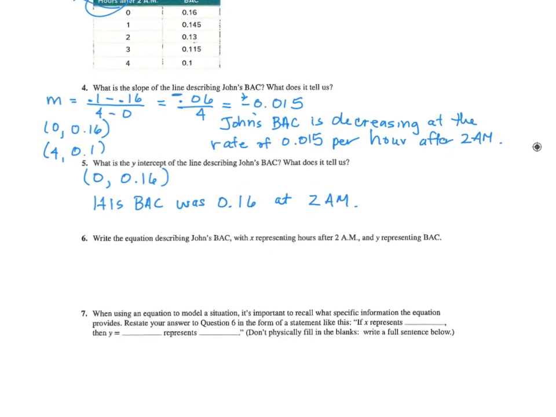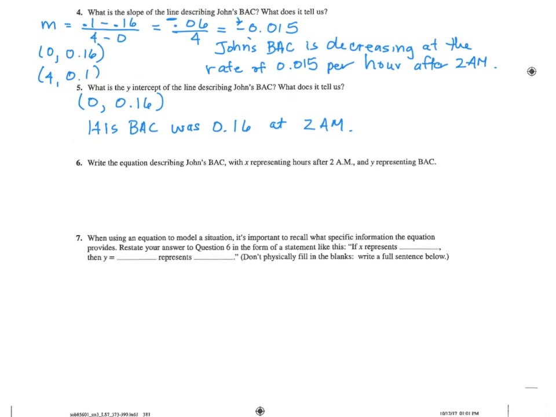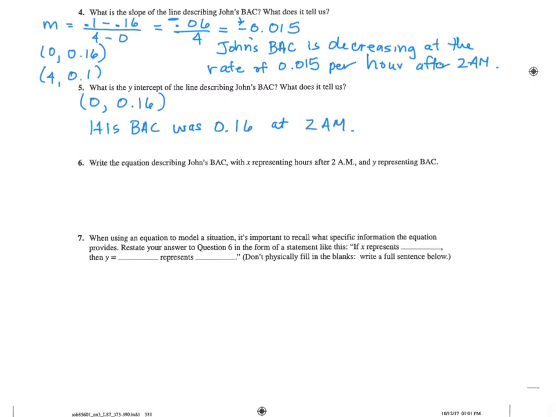All right, now they want us to write an equation describing John's blood alcohol concentration, with X representing the hours after 2 a.m. and Y representing the blood alcohol concentration. So, Y equals, okay, what did he start with? 1600s. It was decreasing by 15 thousandths per hour.